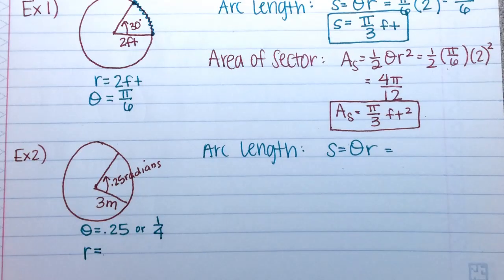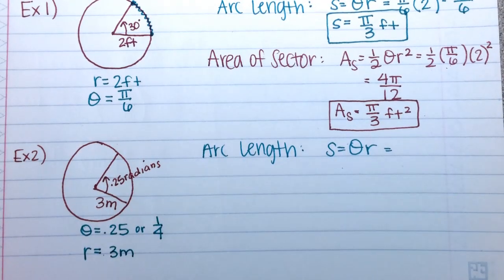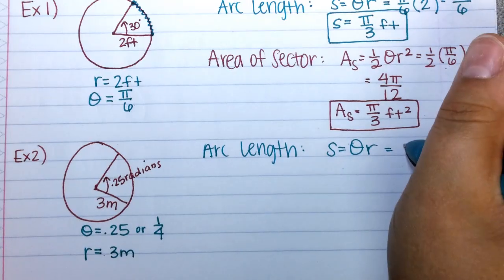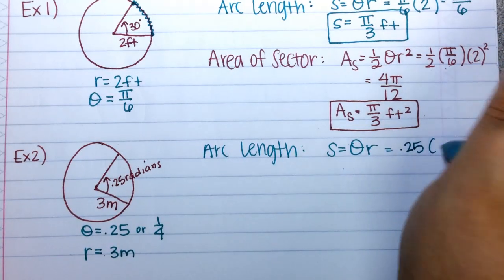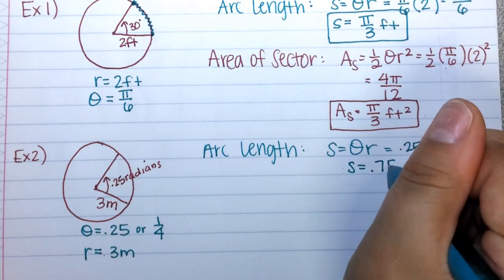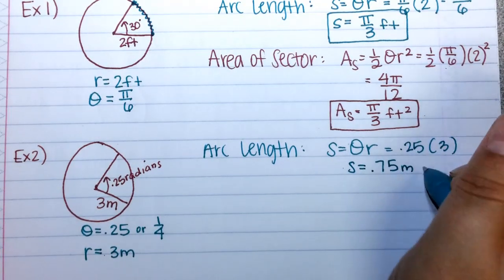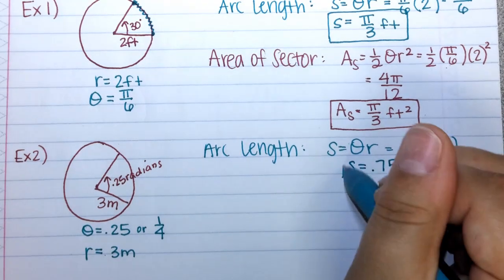So I'm glad y'all made that mistake so we could learn from that. What about the radius? What's my radius? And then just plug that in. So what is 0.25 times 3? You could have either written 0.75 meters or 3/4 meters. Either one of those would be okay.